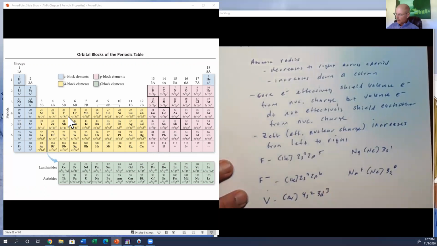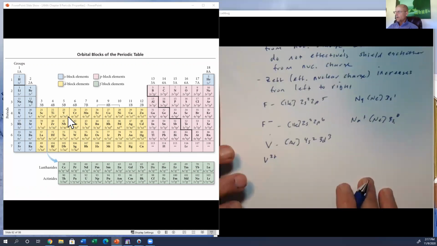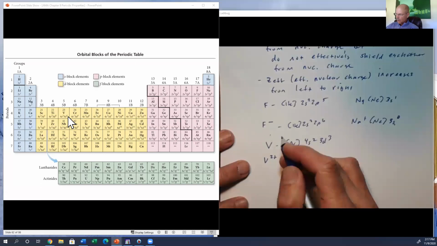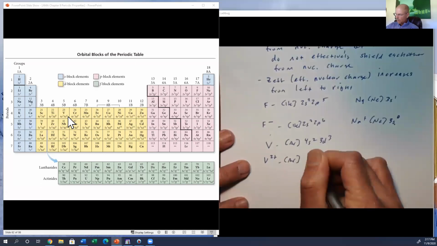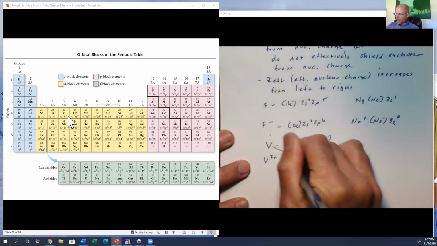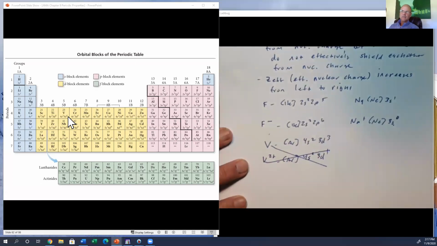Now the question is, what's the electron configuration for vanadium 2+? Well, you might expect it to be an argon core, 4s2, 3d1, but that is not the case. That's not what happens.